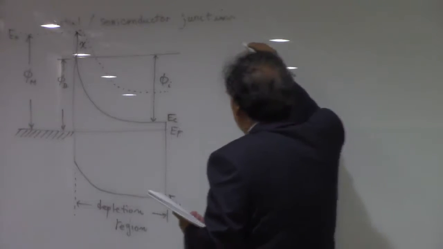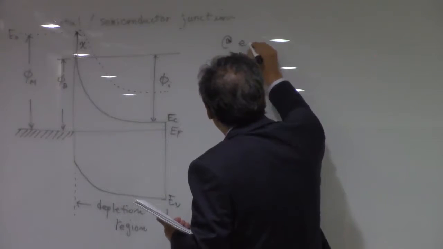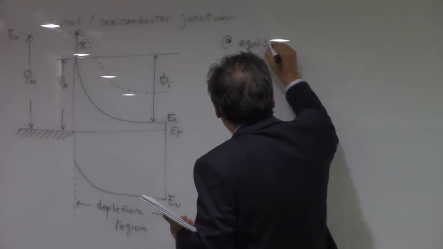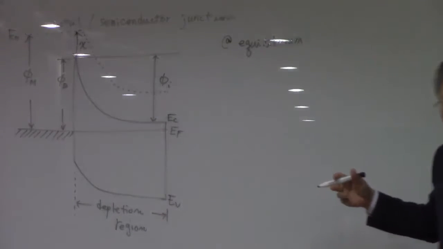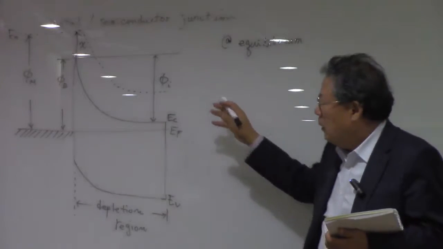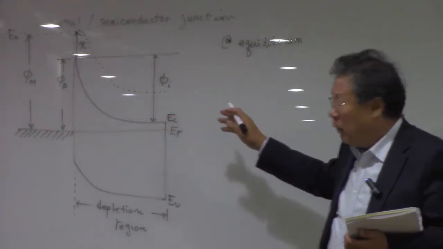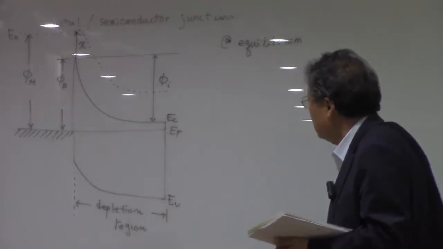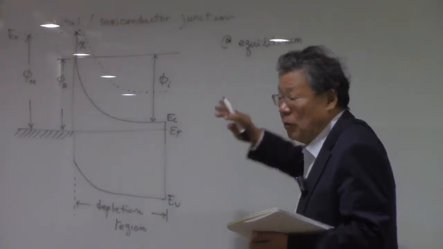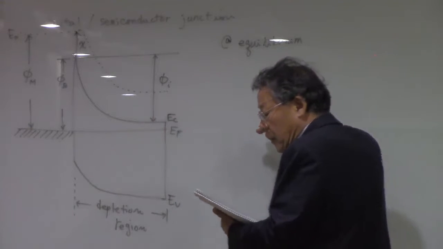And so at equilibrium, we don't expect any free carriers to move from semiconductor to the metal, or metal to semiconductor. There should be no current at equilibrium.